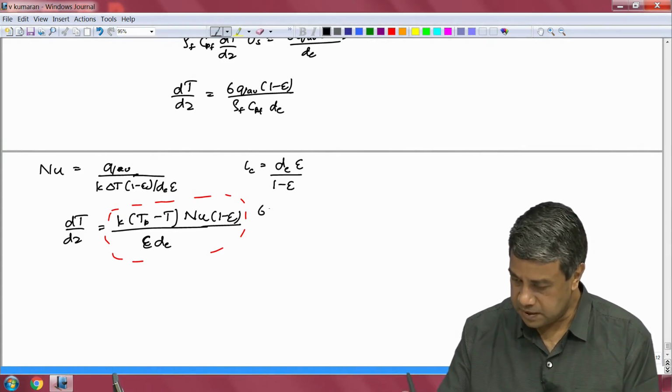That multiplied by 6 into 1 minus epsilon by rho f Cpf dE.